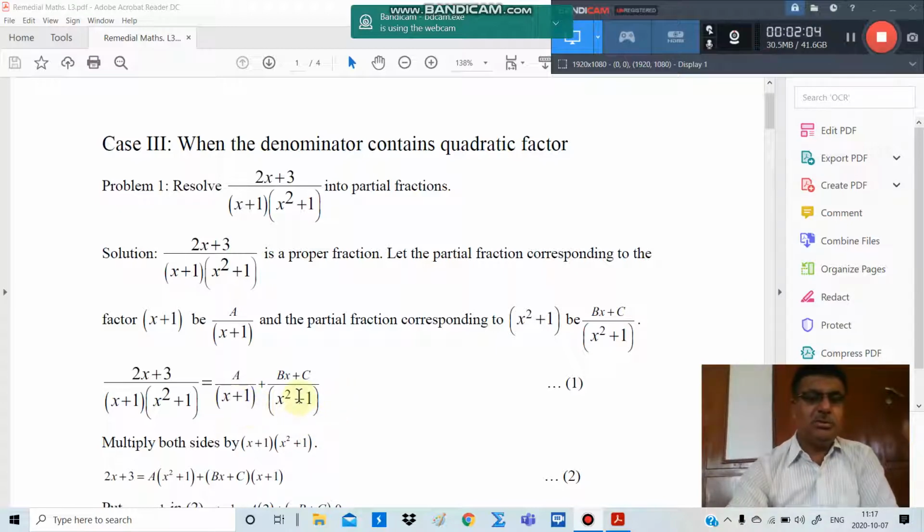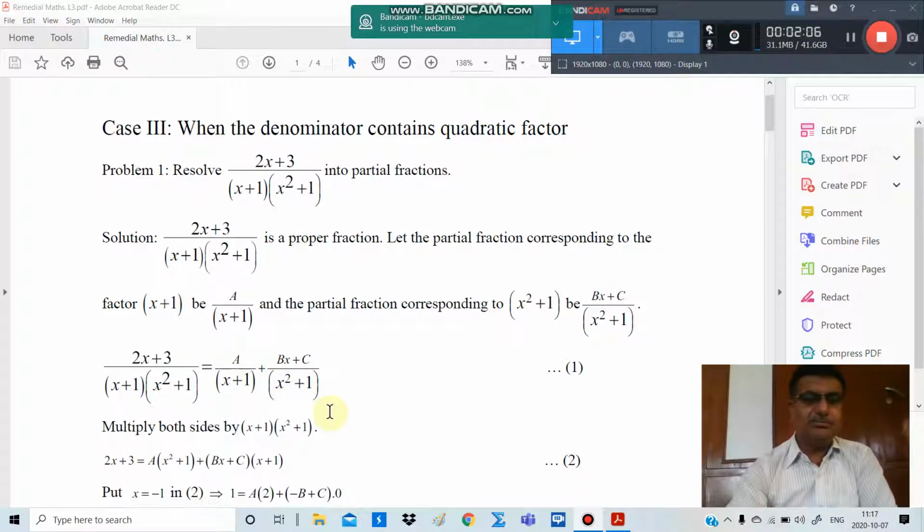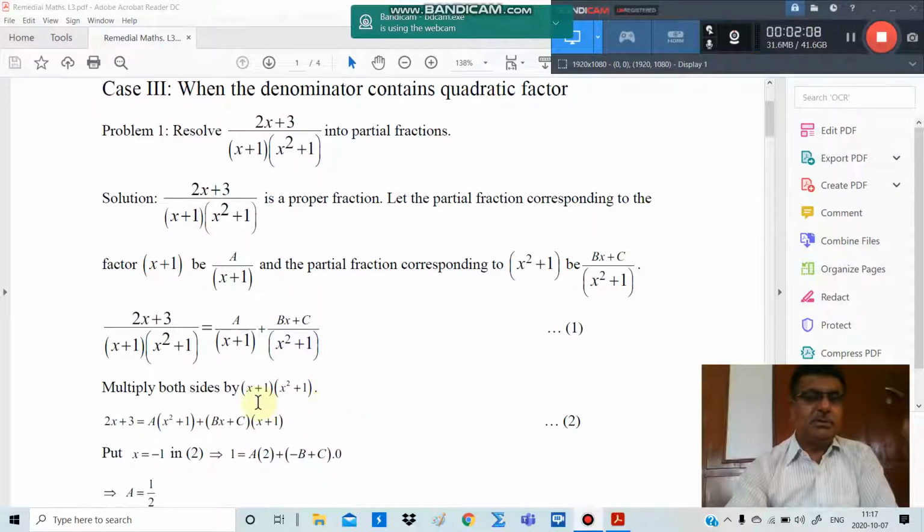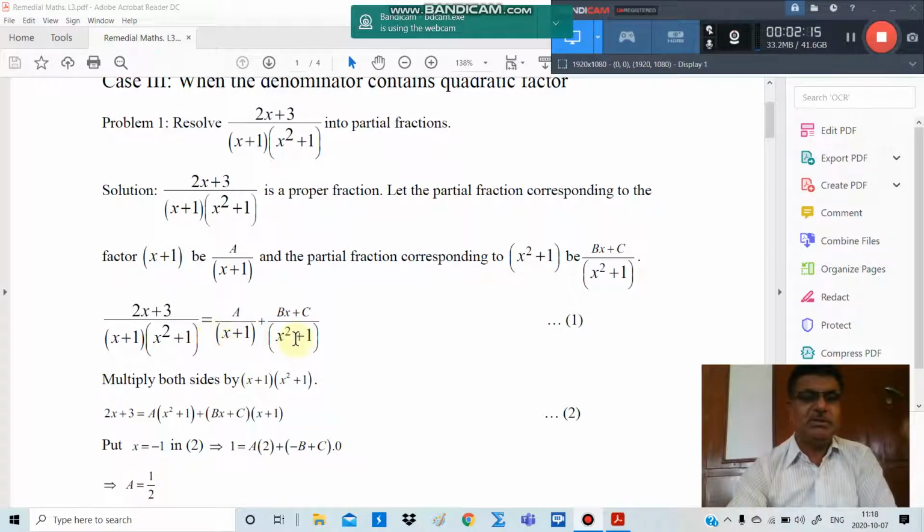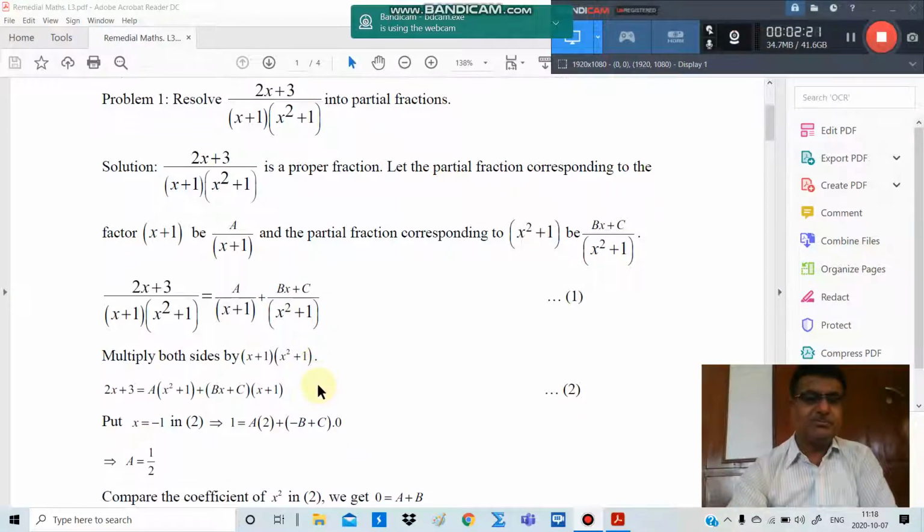Now take the LCM, or multiply this complete expression with the LCM. The LCM of x plus 1 and x square plus 1 is x plus 1 into x square plus 1.